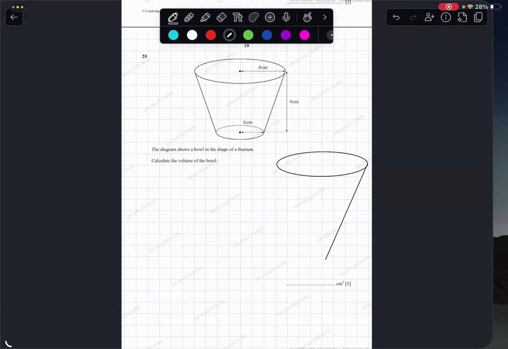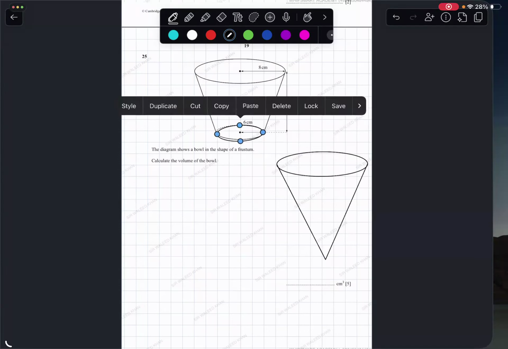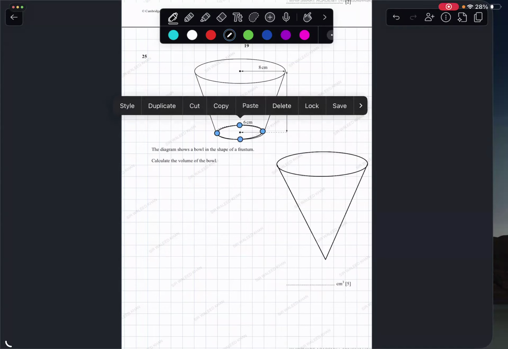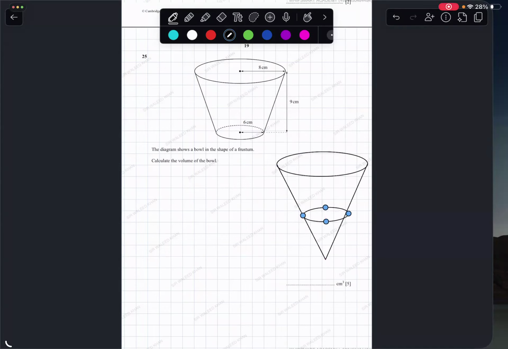It's a cone like this. And they have excluded a cone, a smaller cone, from this shape. Okay. For example, they have excluded this smaller cone out of this shape.